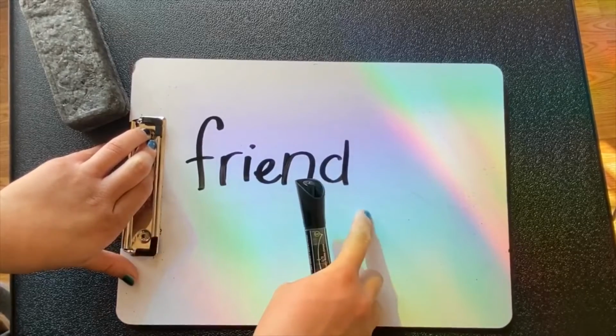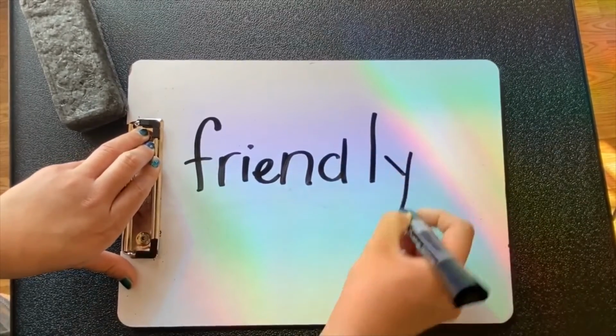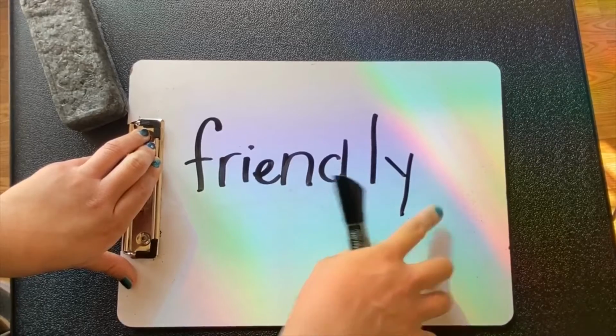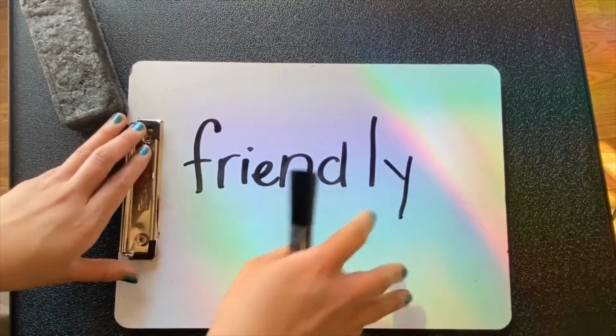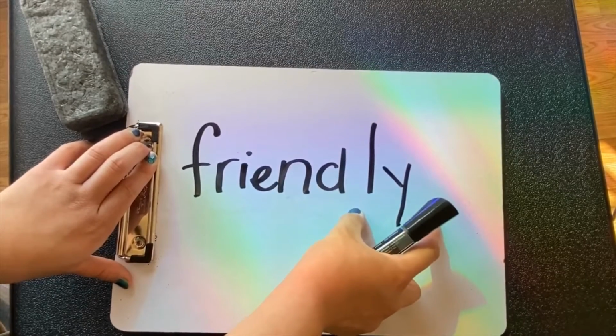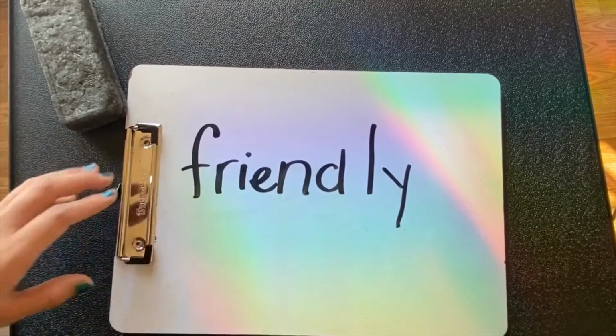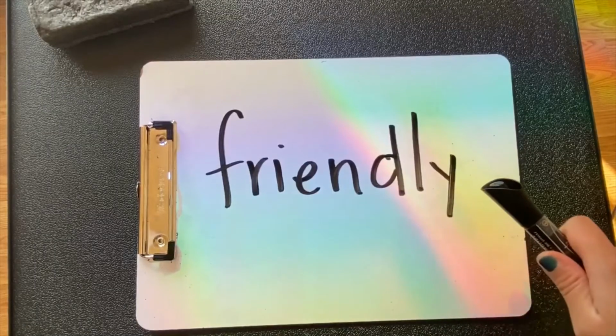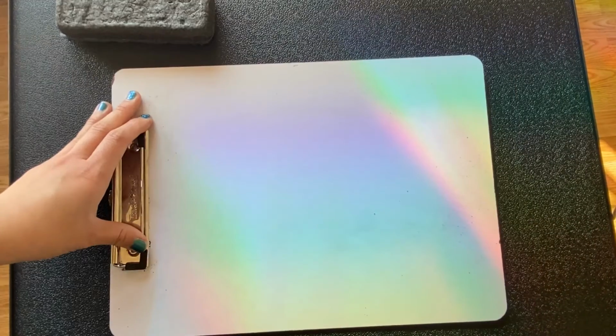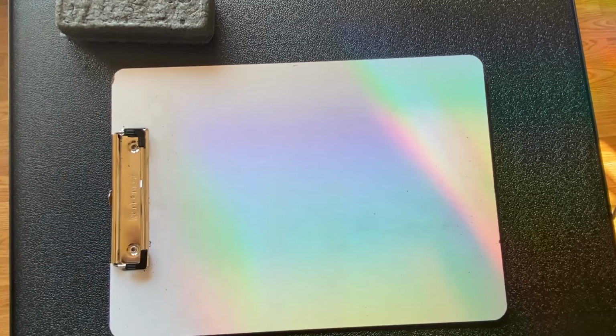Read, friend. Read, Lee. And remember, my friends, Lee is an irregular sight syllable. So when you see ly together, you know it's going to be the Lee sound with the long E sound at the end. Try for the real word, friendly. Okay, my friends, let's keep going.